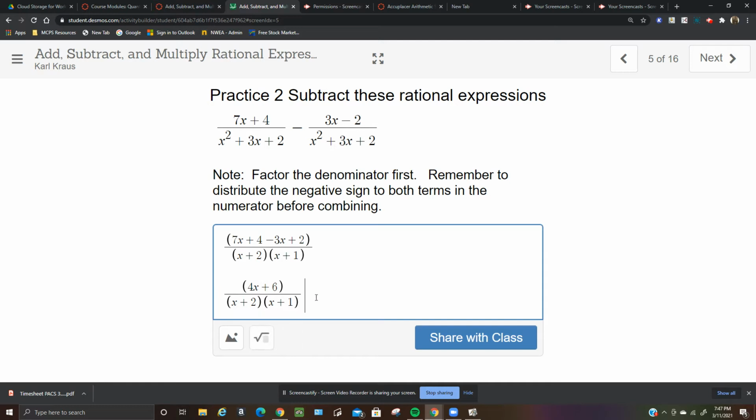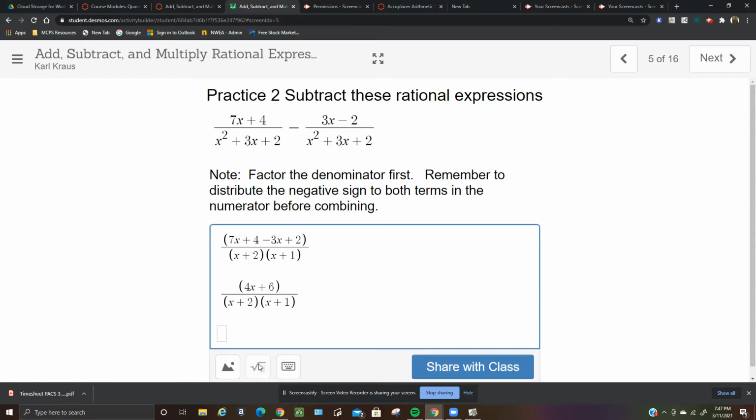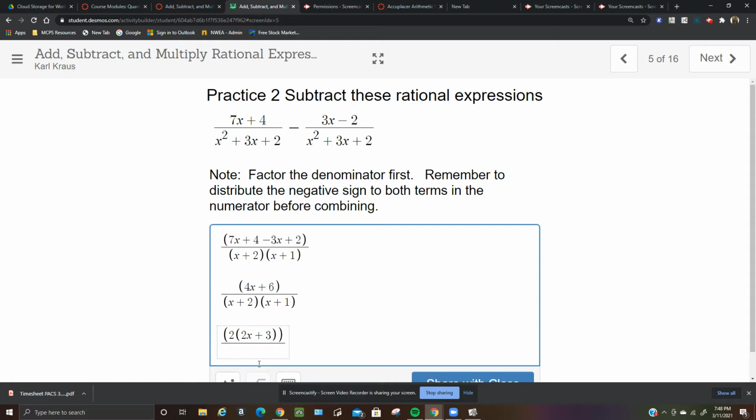And I notice there's a common factor in the numerator, so I'm going to go ahead and factor that. So 2 times 2x plus 3 over x plus 2 and x plus 1.